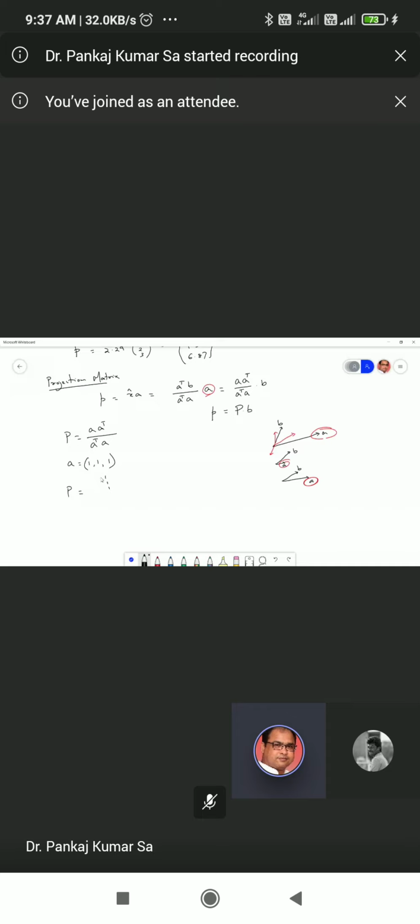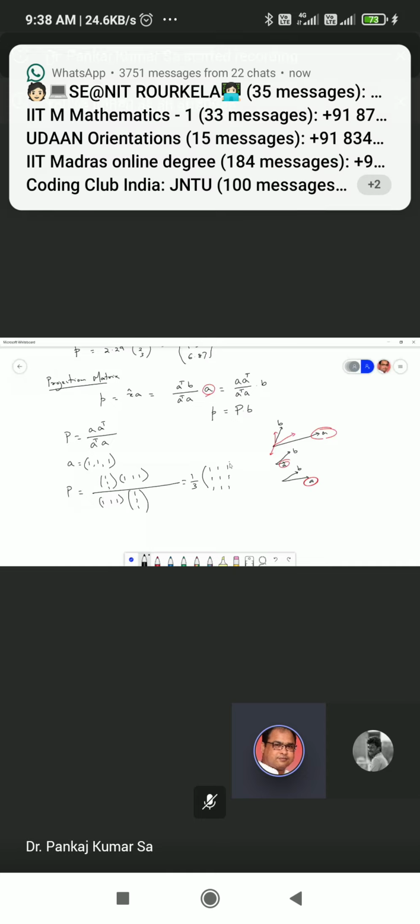The denominator becomes 3, so 1 upon 3, and the numerator is nothing but the matrix of all 1s, 1, 1, 1 in each of the three rows.